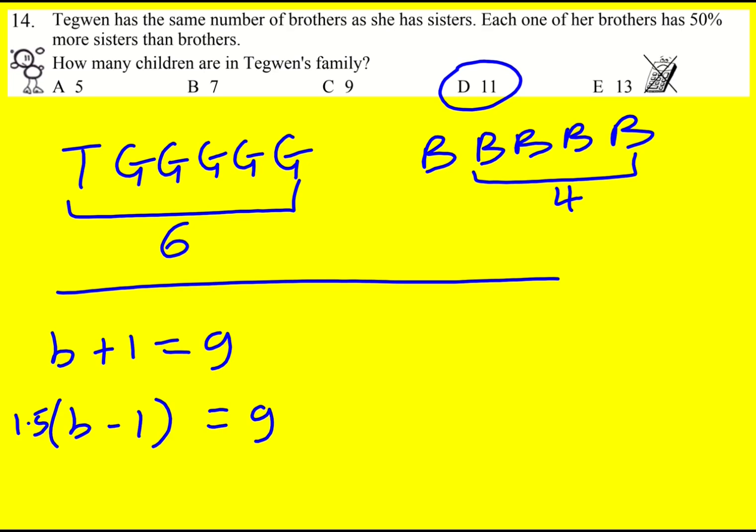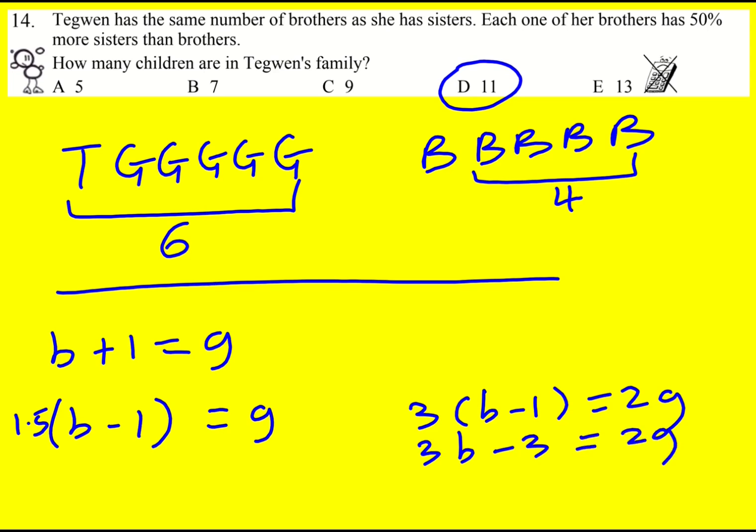So what could I do? Maybe first of all, let's expand this out. I can times both sides by 2 for a start. So it's going to be 3(b minus 1) is equal to 2g, to get rid of that decimal, and therefore 3b minus 3 is equal to 2g.